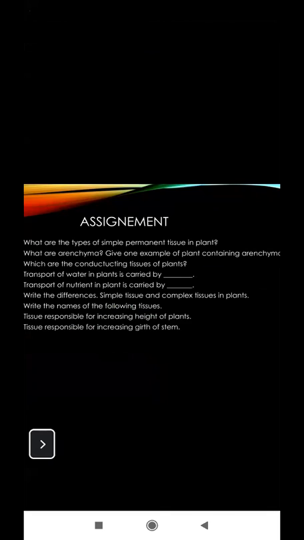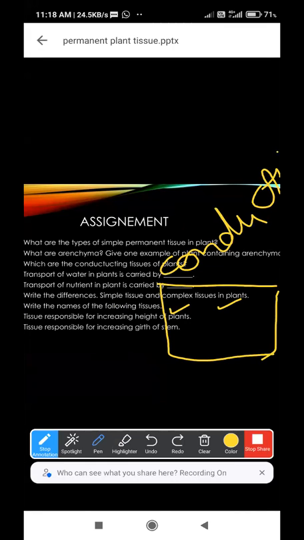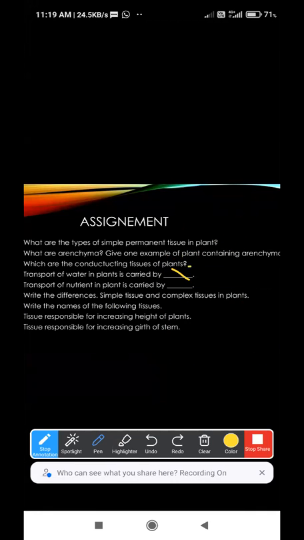Transport of water in plant is carried by xylem, the water transporting tissue. Transport of nutrients is carried out by phloem.